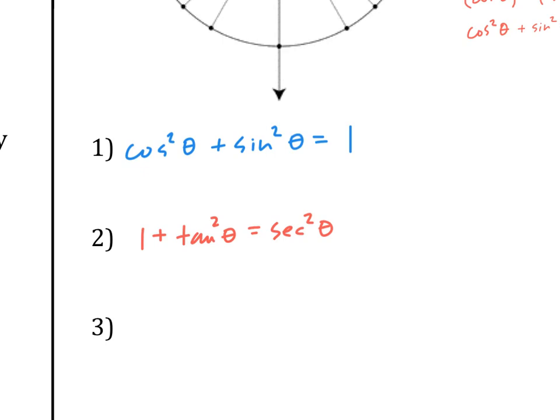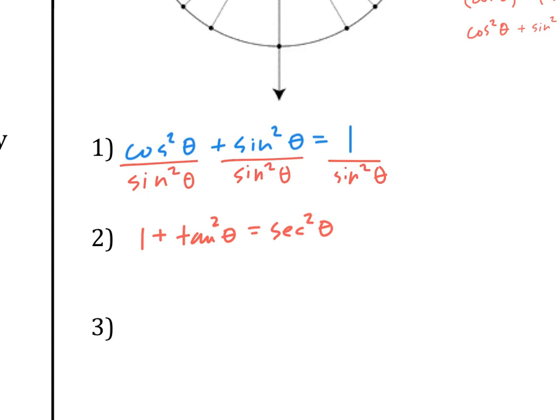Now let's go to the last one. The last one is very similar. Instead of dividing by cosine squared, we're going to divide by sine squared. We're going to do the same thing as before. Cosine squared over sine squared. Now that you're trained, you can probably tell what it's going to be. It's basically cosine over sine and then the whole thing squared.